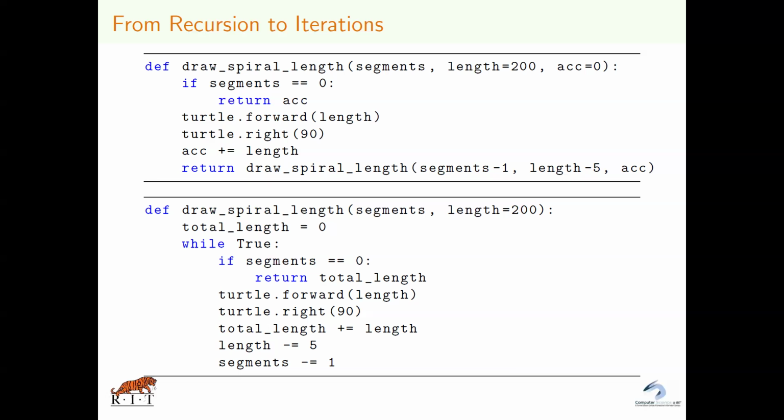We changed the number of segments, not inside the function, but explicitly here. But the rest of the code is the same. So first, what is that while loop?